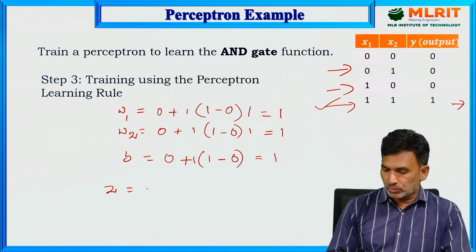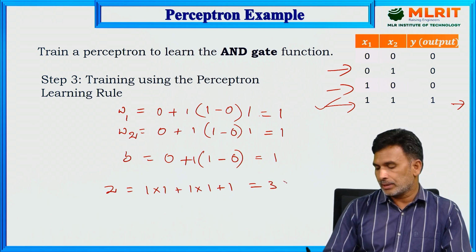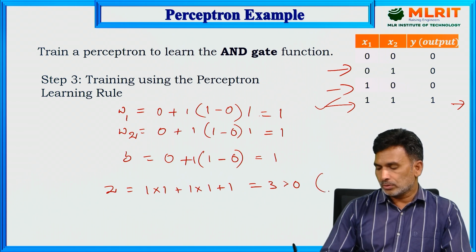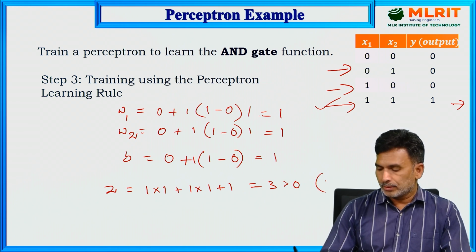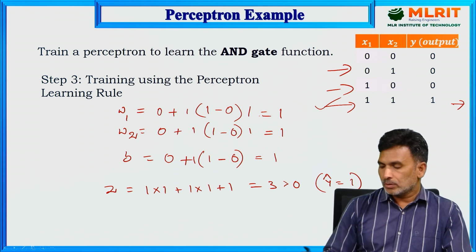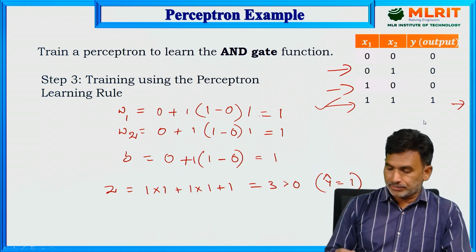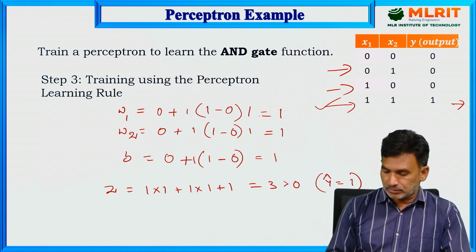G equal to W1 x1 plus W2 x2 plus bias is 1. So now it is equal to 1 plus 1 plus 1, 3, which is greater than 0. So the y hat equal to 1. So it is correctly predicted. And let us check for the remaining instances also.